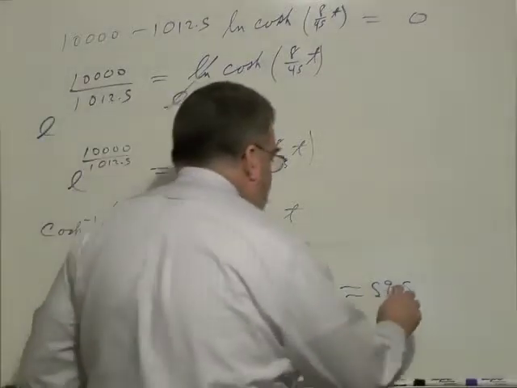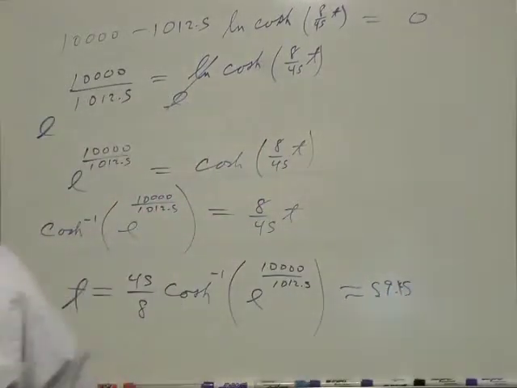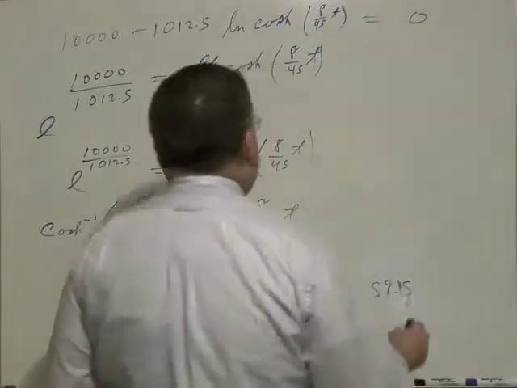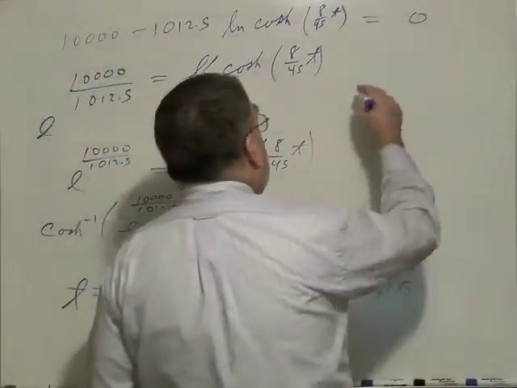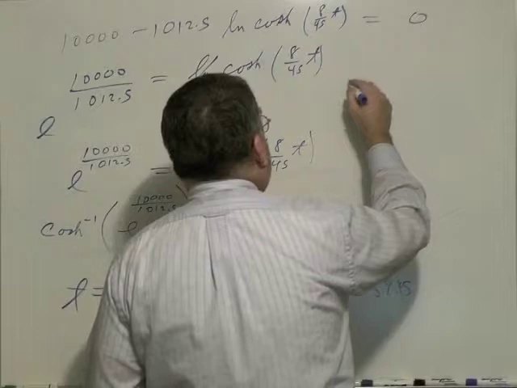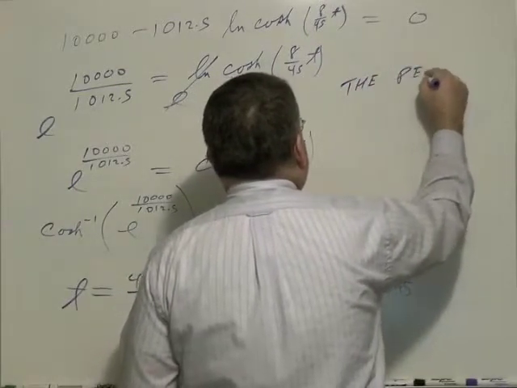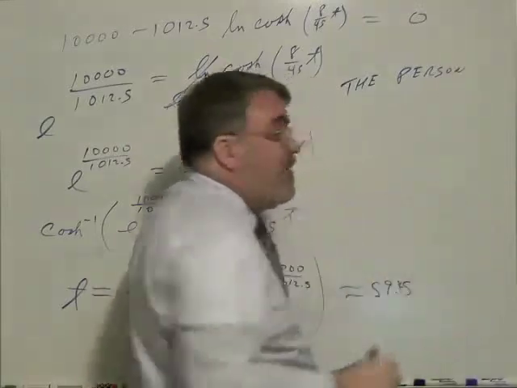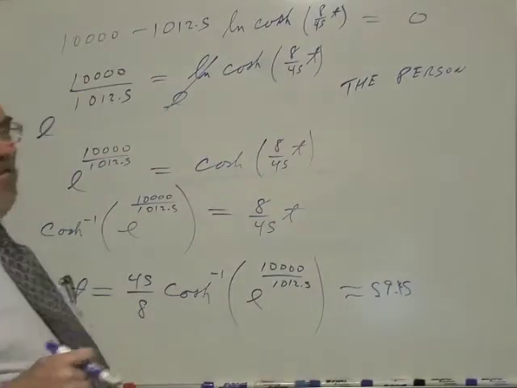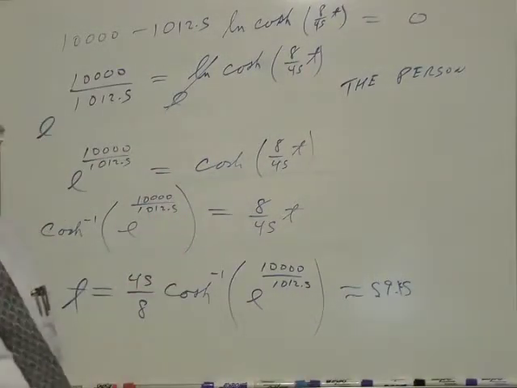Yeah, 59.45. Is that correct? Yep, 59.45. So the object, or the person, I guess if we assume this is a person with a terminal velocity of 180 feet per second, then we should call him a person, not an object.